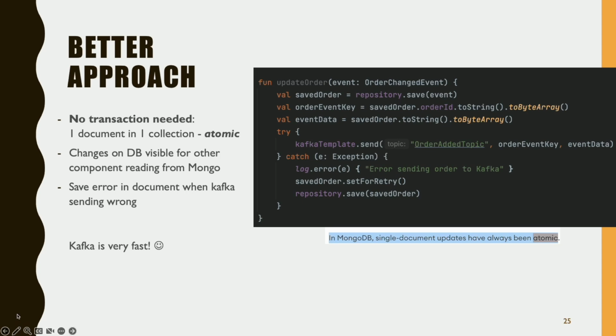If Kafka failed or timed out, then maybe we set the order for retry, maybe we remove it totally, or do something else. But in general, not mixing a database transaction with Kafka sending or REST API is a benefit for us, not something that can cause problems. So it's always good to avoid it, and learn from this.